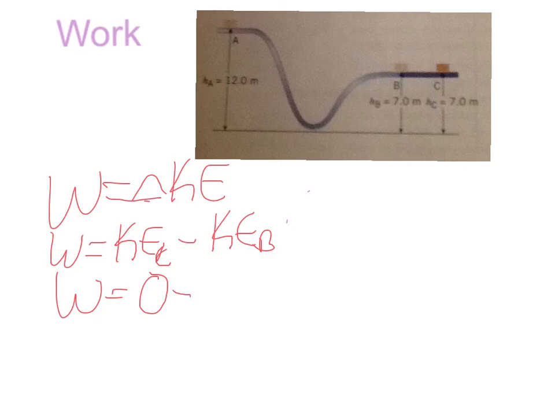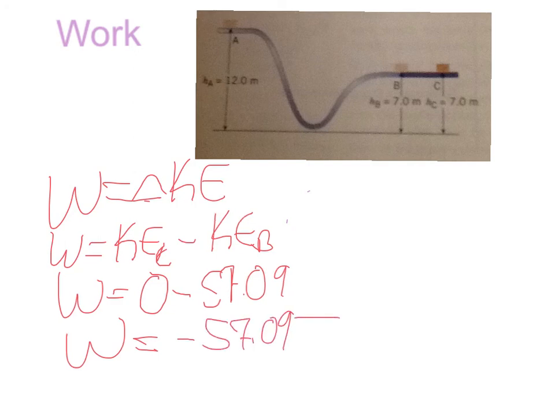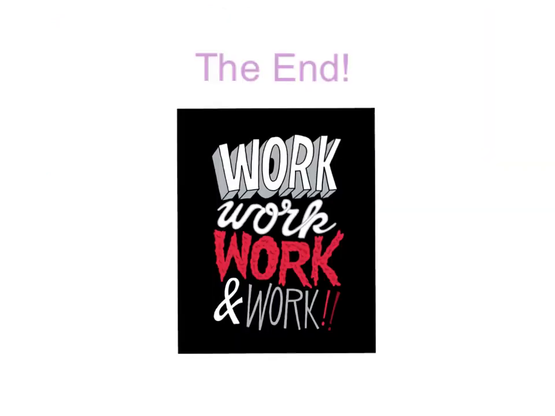And then we just solve for the kinetic energy in B, which is 57.09. And then, this is really easy, just negative 57.09 joules. That's all. Good luck in your physics solving adventures.